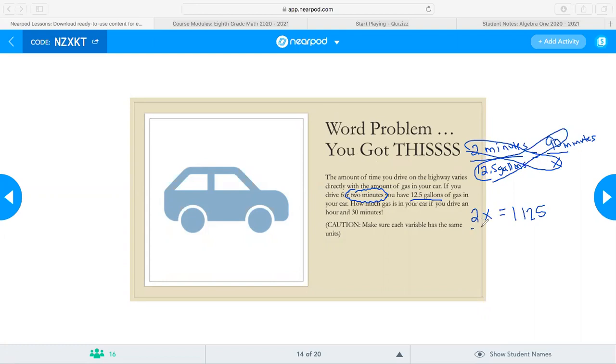Divide both sides by 2. X equals 562.5 gallons. Now that makes absolutely no sense because, right, if I drive longer, why am I having more gallons in my car? So the answer doesn't make sense, but that's just the answer for this problem.